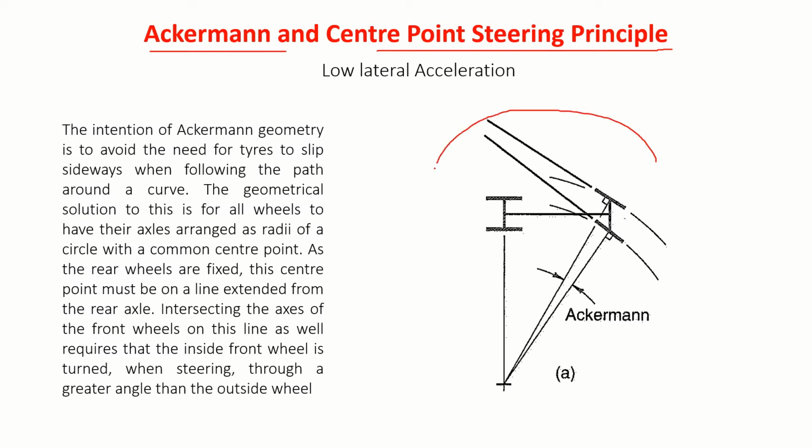You just consider the vehicle here. Now I am steering this vehicle to take a turn. Then you can see this is the inner wheel and this one is the outer wheel. Now, at the midpoint of this tire, let me draw a perpendicular, when you see from the side.